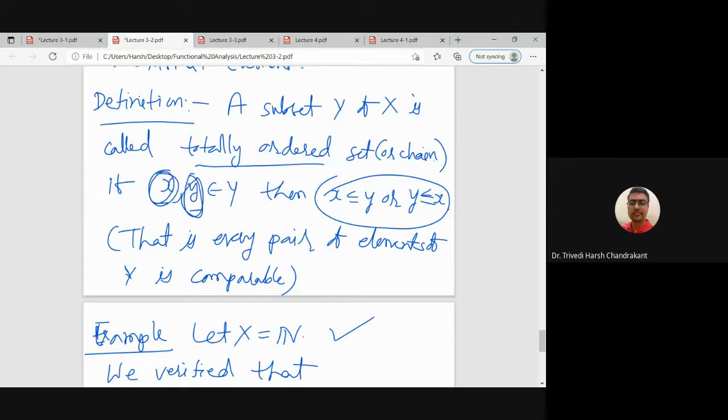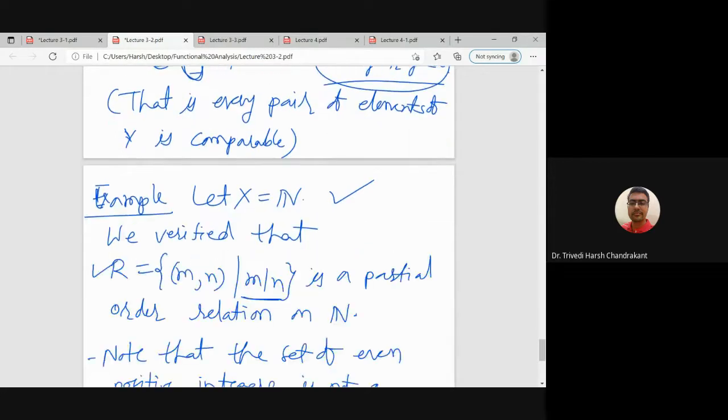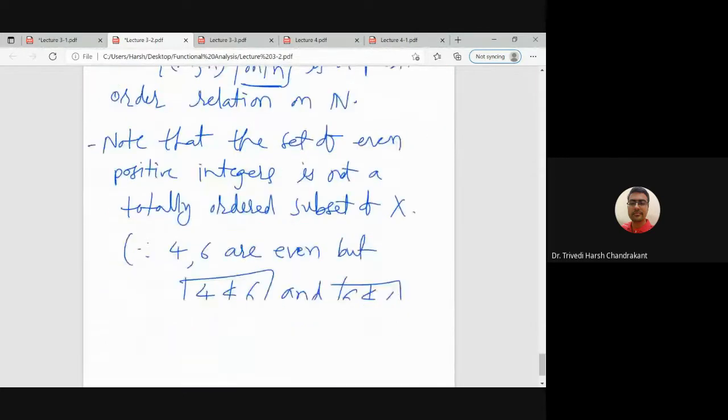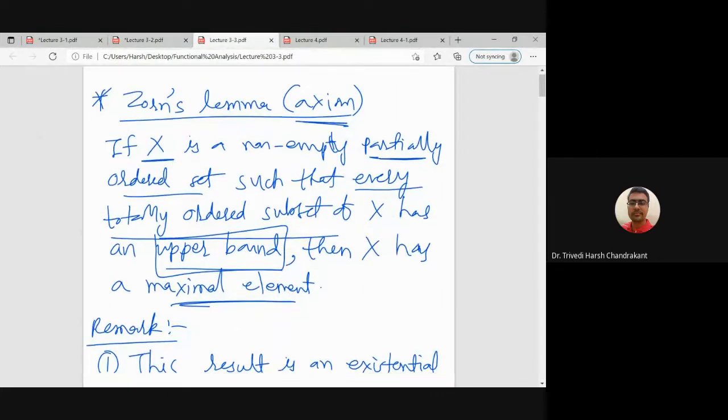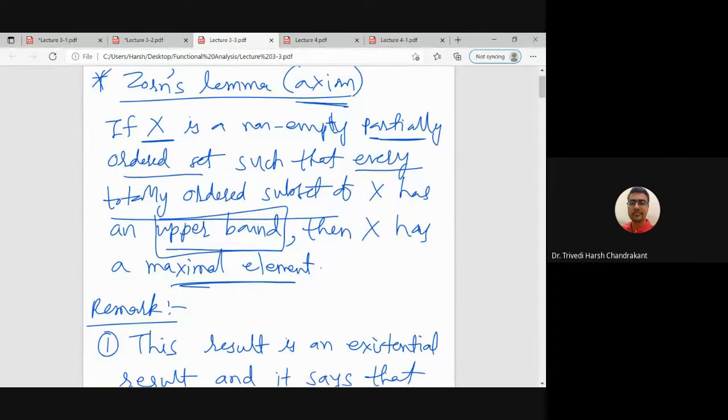You choose any two elements, and this is always satisfied for those two elements. Some examples we have seen here, and this is an axiom called Zorn's lemma, which says that every non-empty partially ordered set in which every chain has an upper bound has a maximal element.